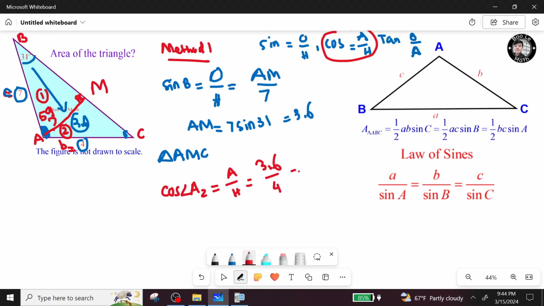3.6 divided by 4 is going to be 0.9. Now I need to find the measure of angle A2, so I take cosine inverse of both sides.